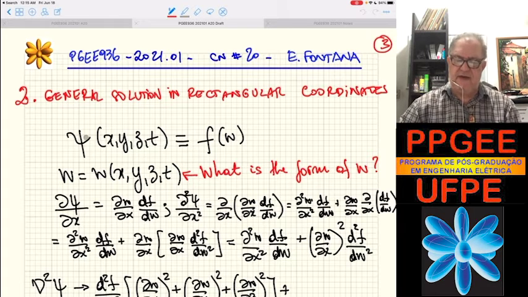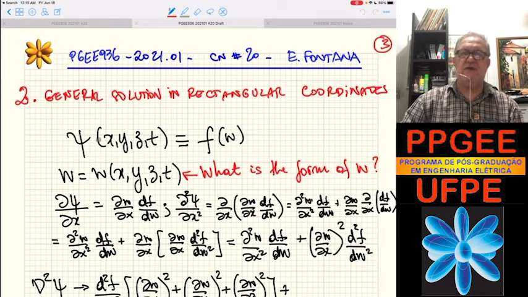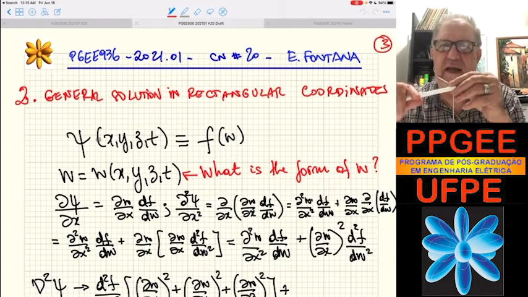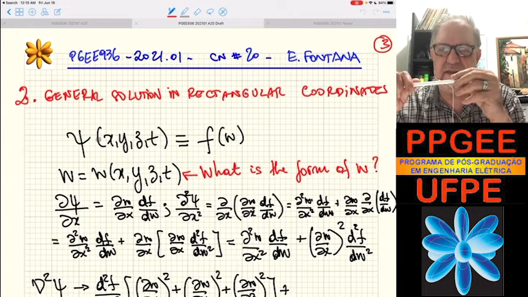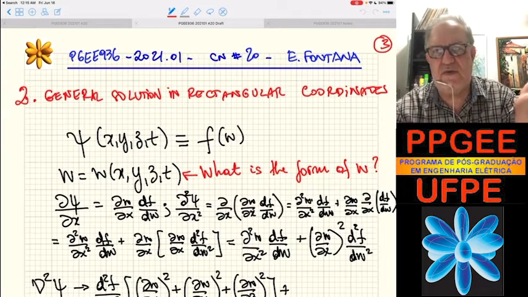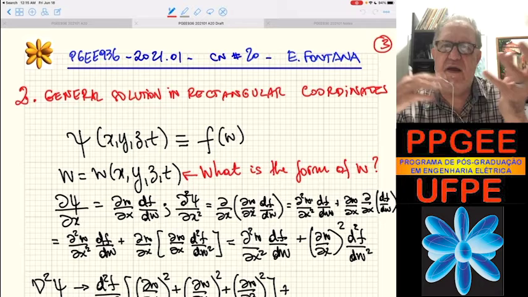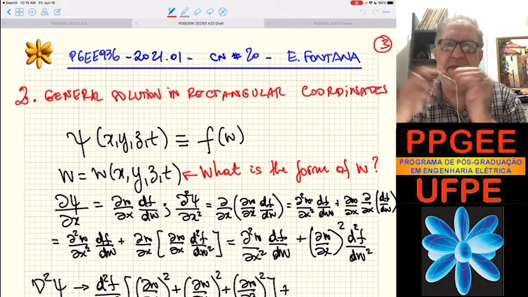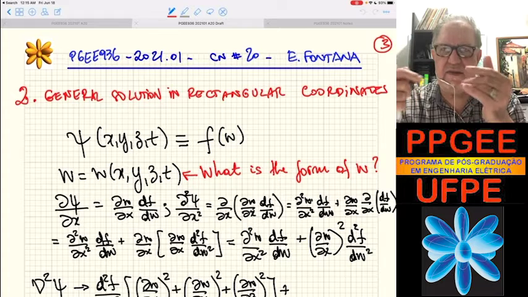In fact, we don't want to solve the problem. We want to see what special feature this function has. A function that satisfies the homogeneous wave equation has a special form, and we are trying to determine that special form without solving for the specific solution.